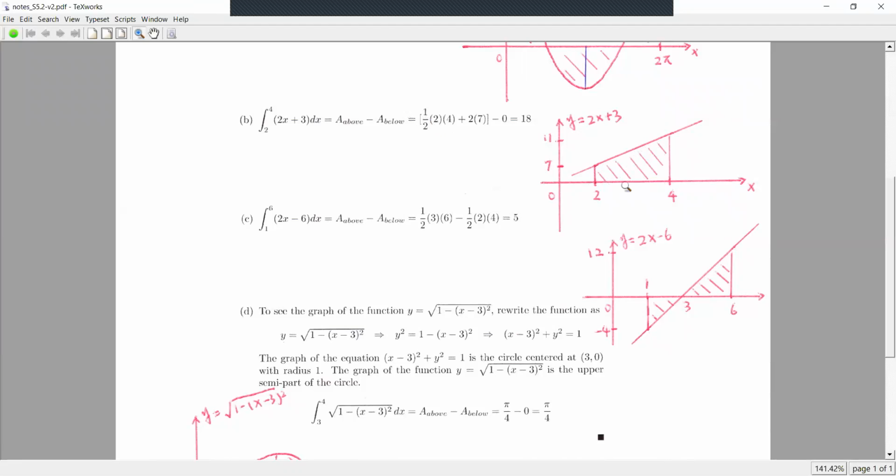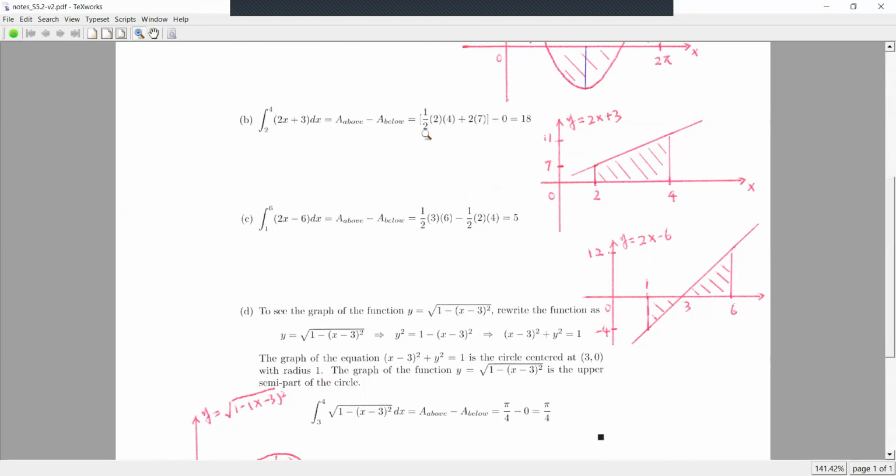The base from 2 to 4 has length 2, so the base is 2. The height from 7 to 11 is 4. So this is the area of the triangle. Then the rectangle here has base 2 times height 7.